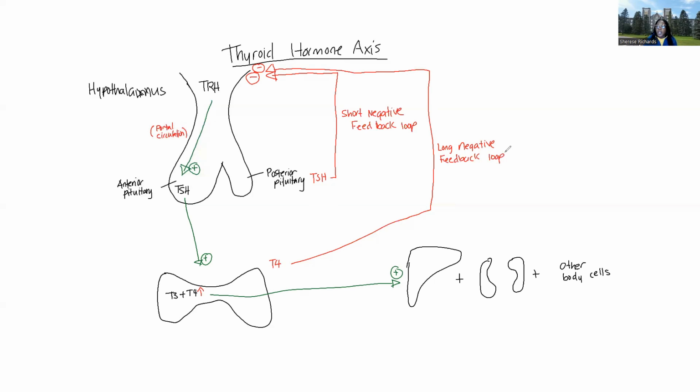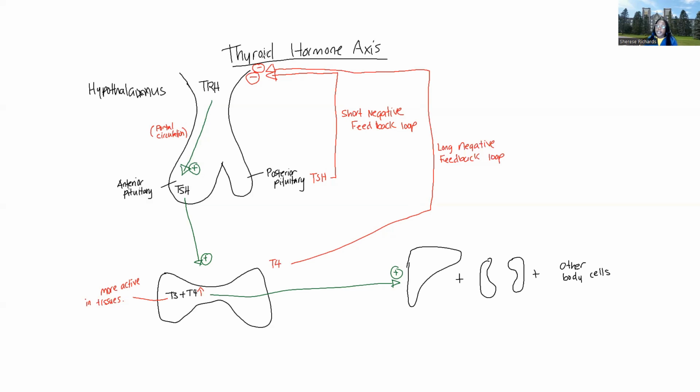Okay. So this is the importance of having T3 versus T4. T3 is going to be more active in the peripheral tissues. And when we say peripheral tissues, we mean these tissues over here. T4, on the other hand, is going to be more so involved in the negative feedback loop.